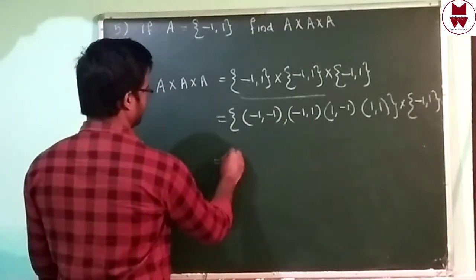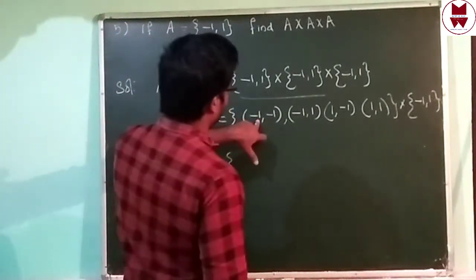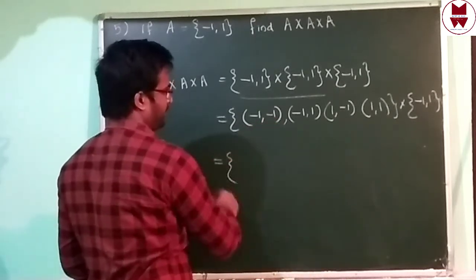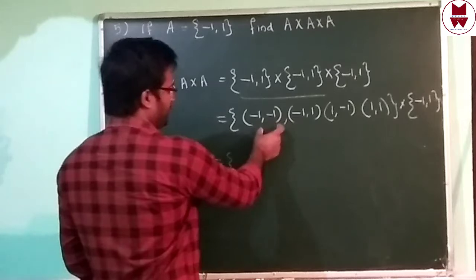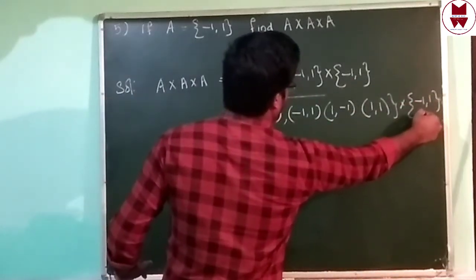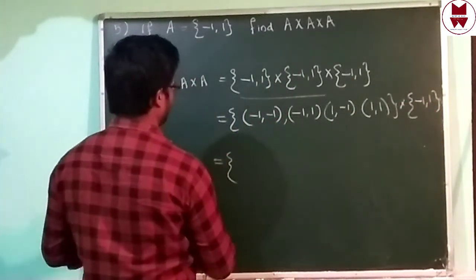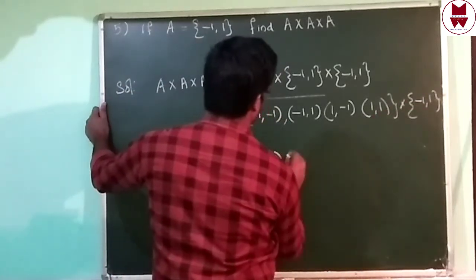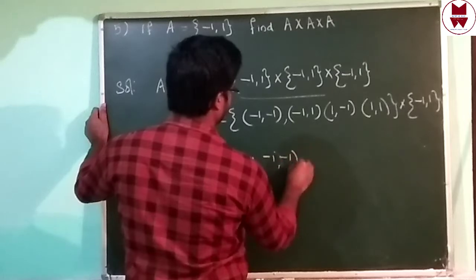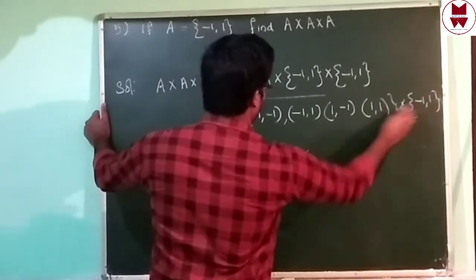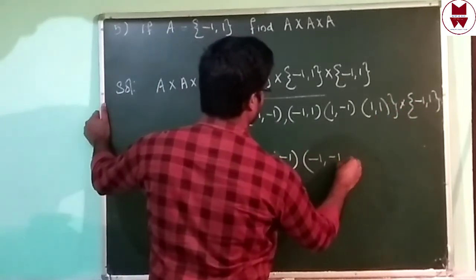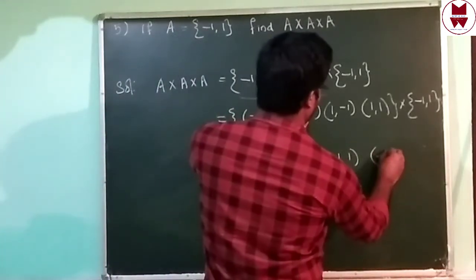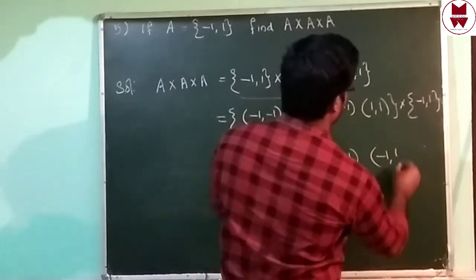Then I can do it. The first element means everything inside the bracket: -1, -1. This is the first element, and it goes with the first element of the second set, -1. Then -1, -1, -1, and then using the second element, -1, 1: that gives -1, -1, 1.